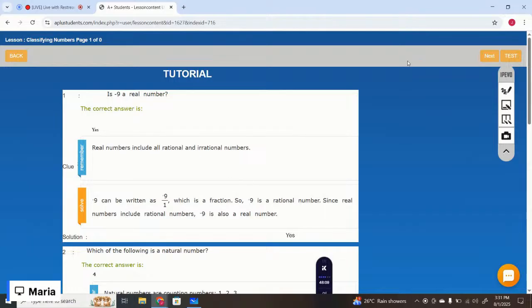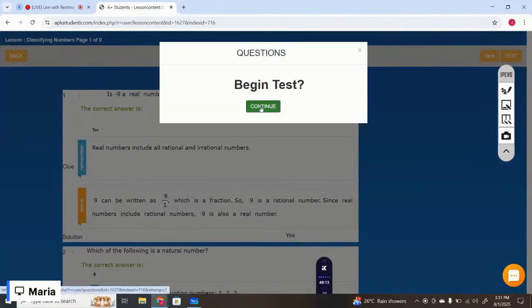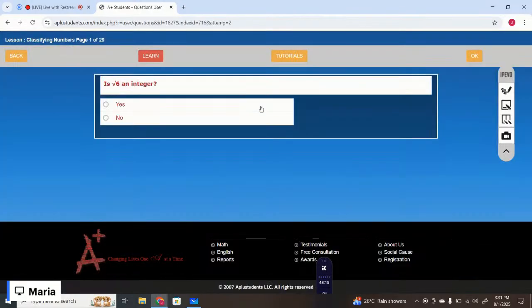Yes, it is. -9 is a real number. Let's just start with the test questions. Is square root 6 an integer? No, that is not an integer. The correct option is no.